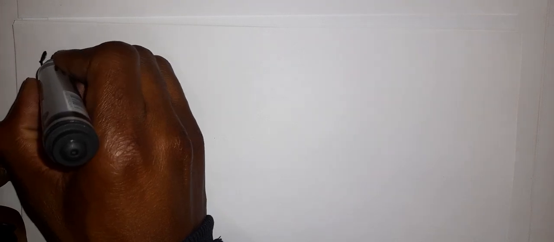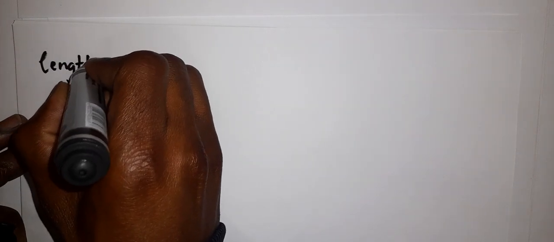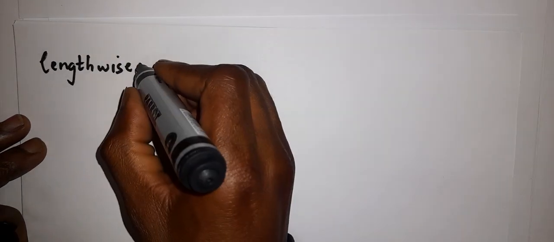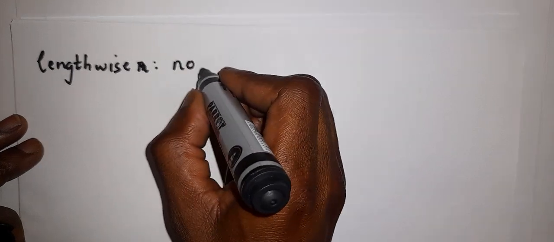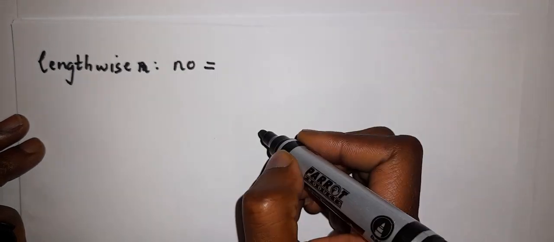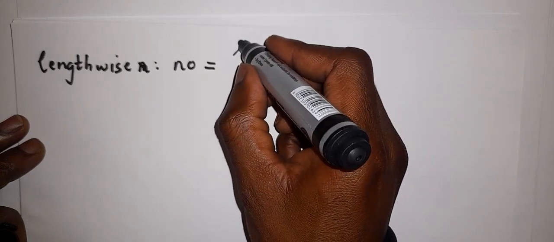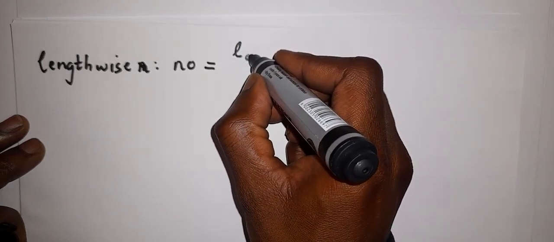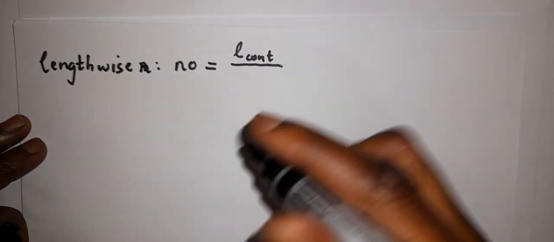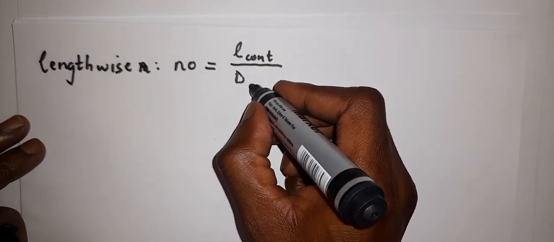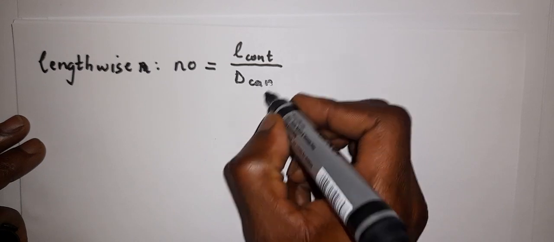Number one, we are going to look at the length. Lengthwise, we want to find the number that can fit. So lengthwise, it means we take the length of the big container and divide it by the length of the small container, which in this case is the diameter of the can.